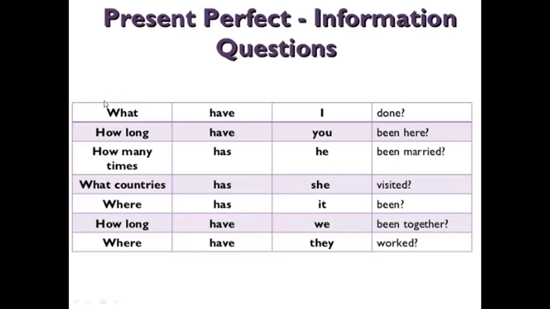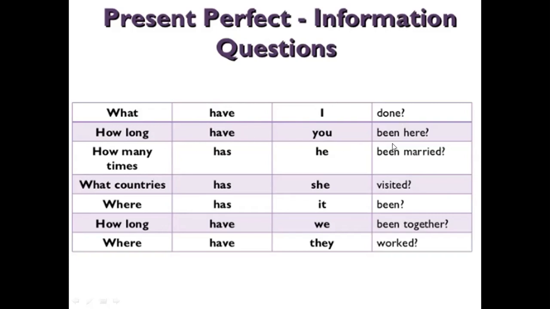First, put the WH in the first part, and then has or have, depending on if it is singular or plural, and then pronouns or the subject, and then past participle. Example, what have I done? So WH, what, and then have, and then the subject is I, and then past participle.